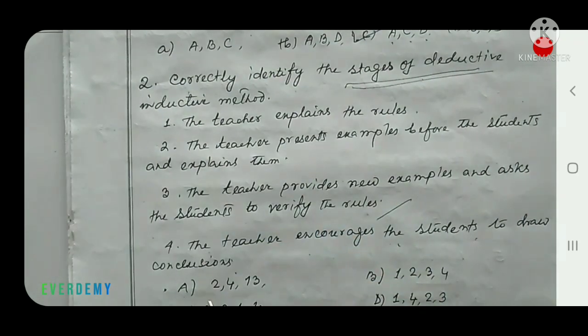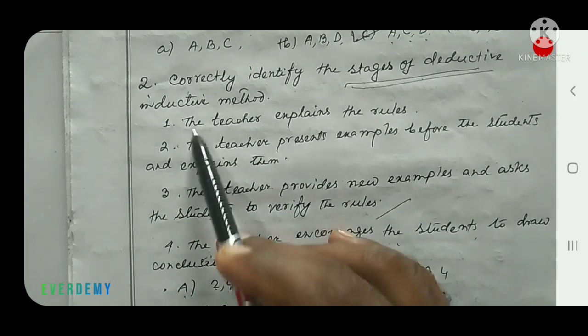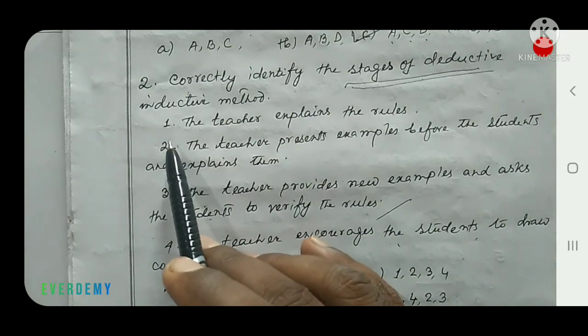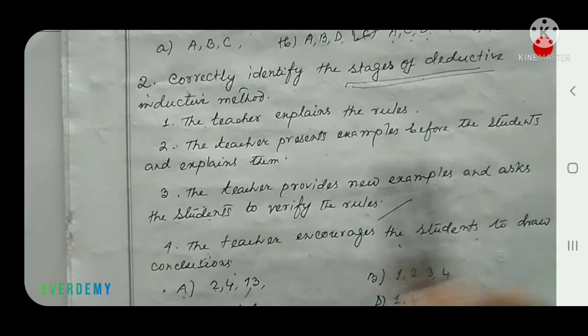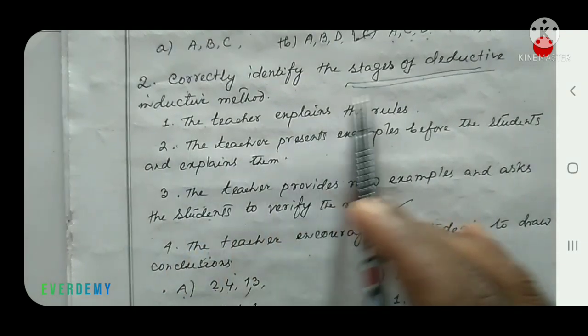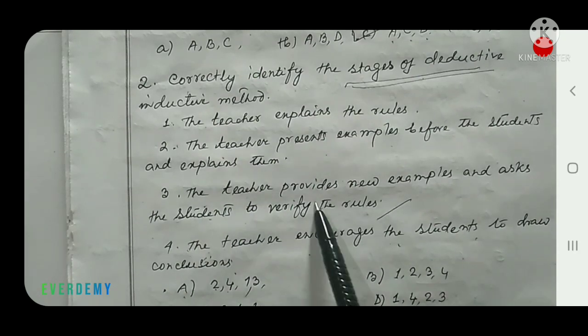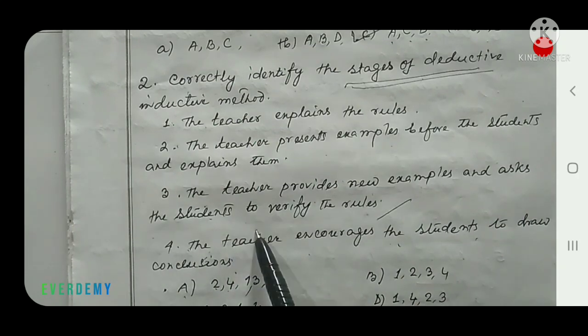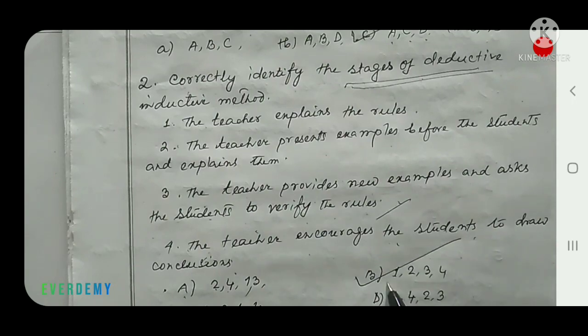So the order is 1, 2, then 3, 4. So B is the correct answer.